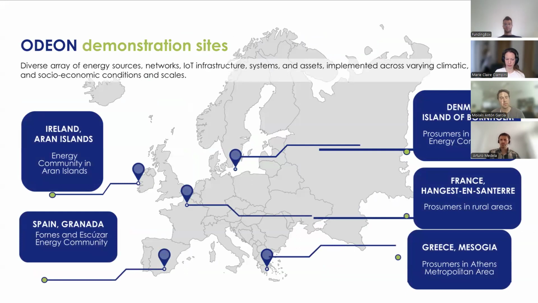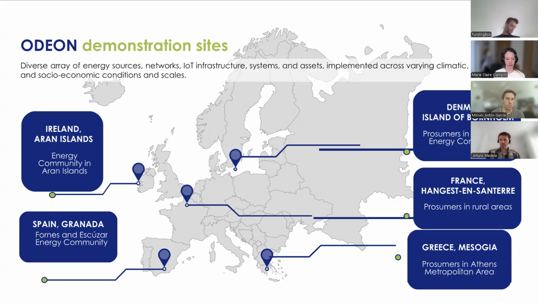So all of these innovations, all of these tools are being tested, as commented before, in five demonstration sites, gathering a diverse array of energy sources, networks, infrastructure, but also attending to different geographic and socioeconomic conditions across the five demonstration sites. And these are the ones that are pointed out here. We have a demonstration site in Ireland, in the Aran Islands, within an energy community.